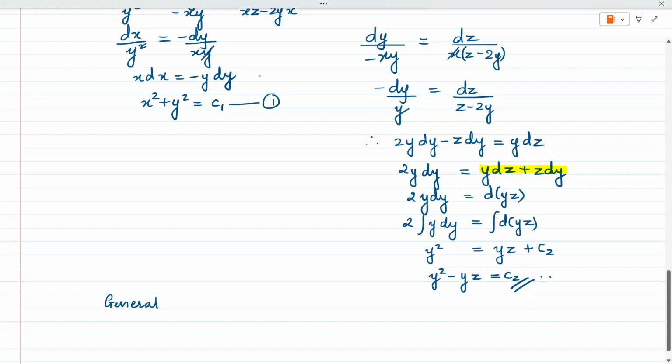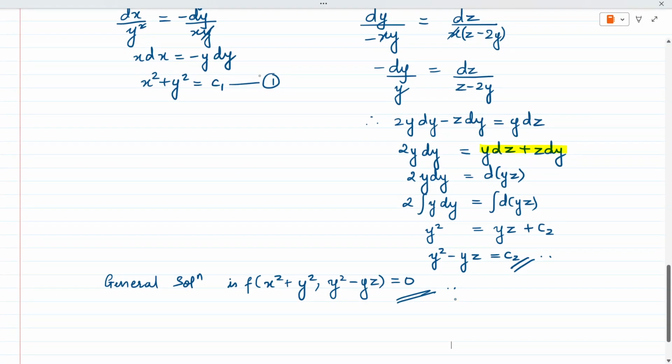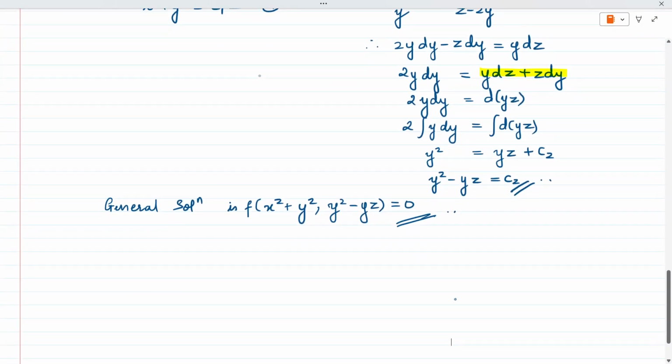But the general solution is f of (x square plus y square, y square minus yz) equal to 0. ठीक है? तो ये आपको third sum complete हो गया.